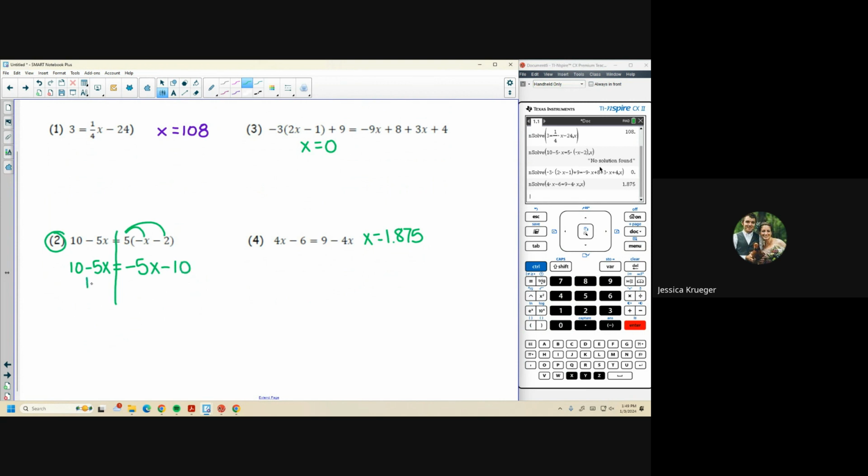So now I'm going to add 5x to both sides. I end up with 10 equals negative 10 because my negative 5x and my positive 5x cancel. 10 equals negative 10 is false. Therefore, there is no solution.